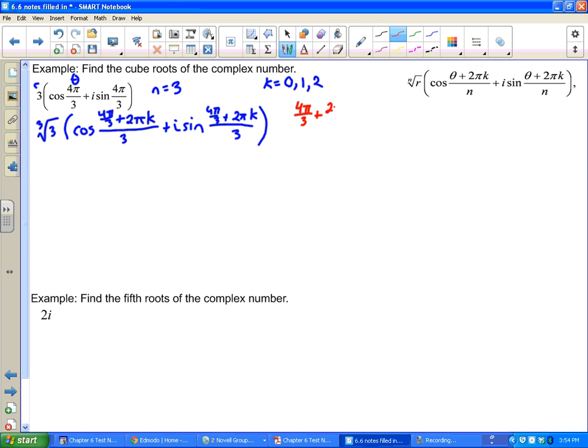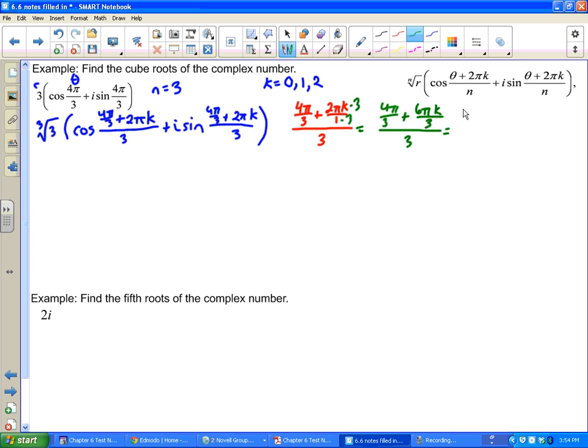So remember that if I have 4 pi over 3 and I'm trying to add 2 pi k, I would make this into a fraction, put it over 1, and then we want to get common denominators. So I want a 3 on the bottom of my second fraction. That gives me 4 pi over 3 plus 6 pi k over 3, still over 3.